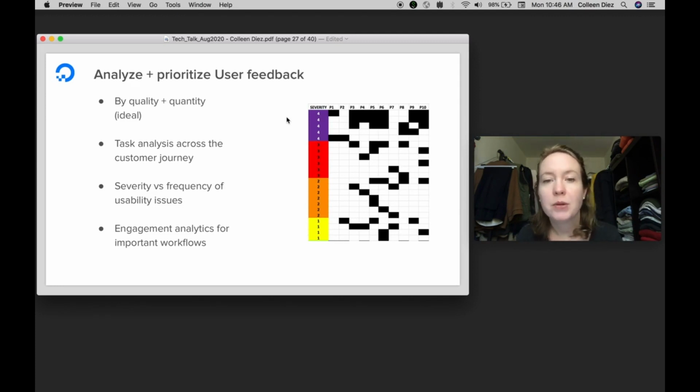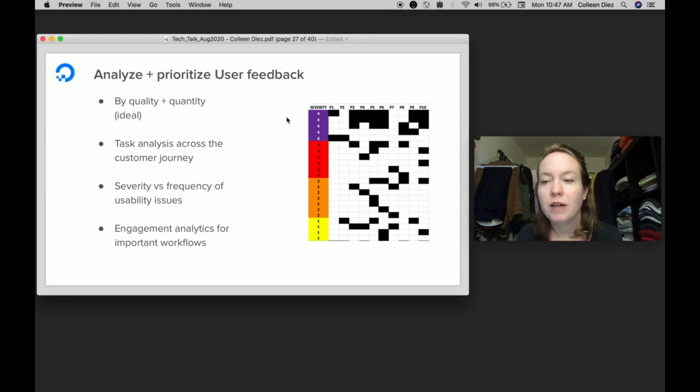We had 10 participants, and so we're essentially capturing, for each participant, the frequency that a particular usability issue was encountered. And then it's been additionally rated or ranked by the team and the moderator for the study according to severity.